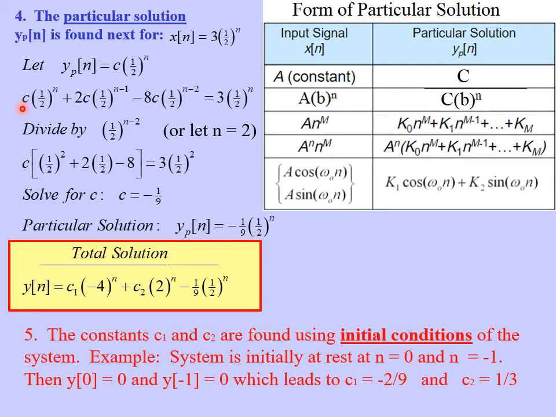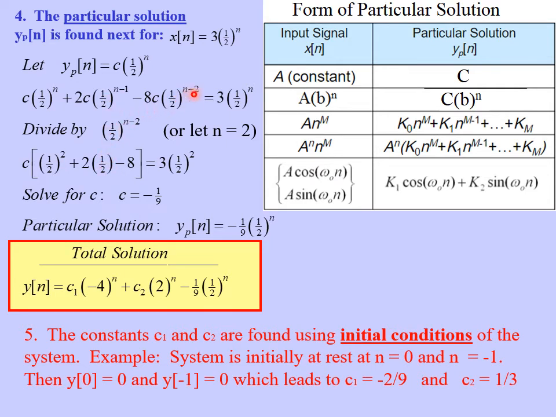So our goal here is to figure out what c is. Again, this looks like a horrible mess right now, but it's really not, because we can clean this up very easily. There's a couple of ways to do it. The easiest way is just to let n equal 2 and see what happens here. This becomes 1/2 squared. This becomes 1/2 just to the 1, or just 1/2 by itself.